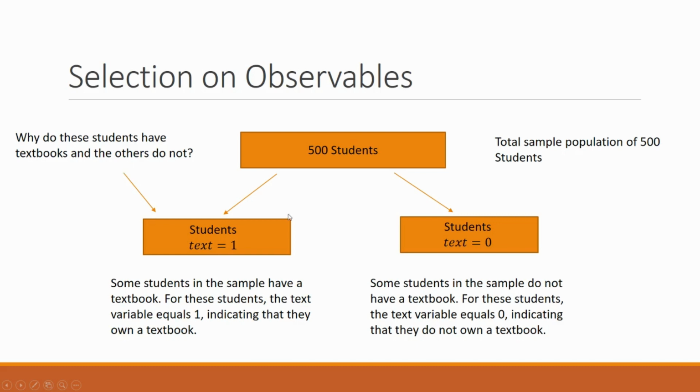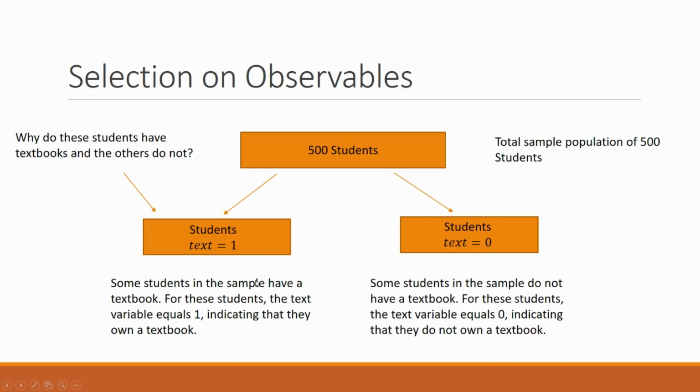So when I say selection on observables, when I say selection, what I'm speaking about is why some students have the textbook and other students don't. So we've said, okay, in this example, the textbook is not randomly assigned. We're just going into a population of students and collecting data. And when we do that, we're going to find that some students have the textbook and other students don't.